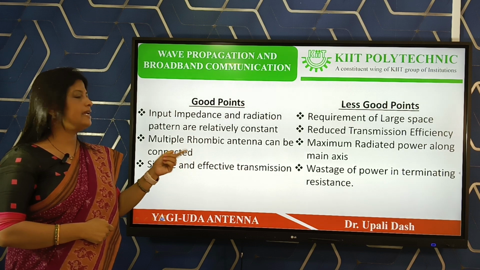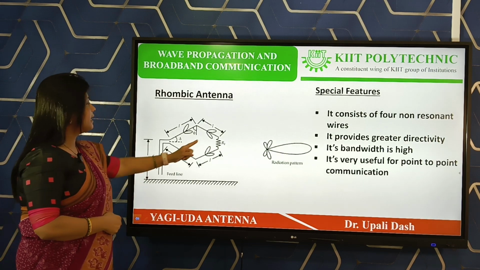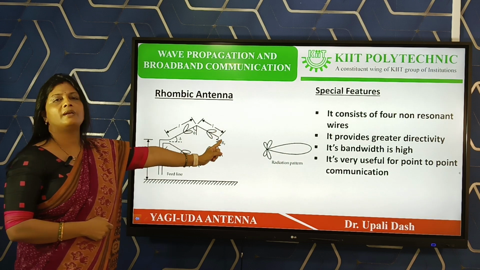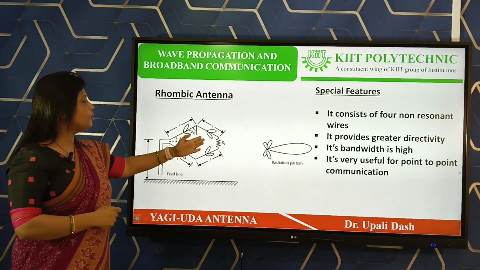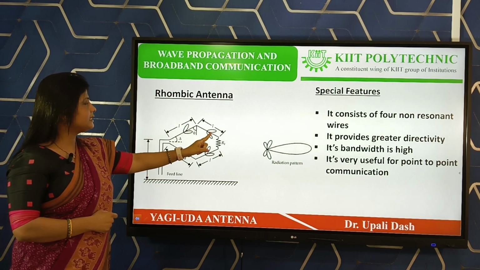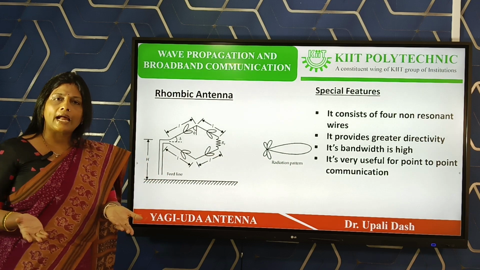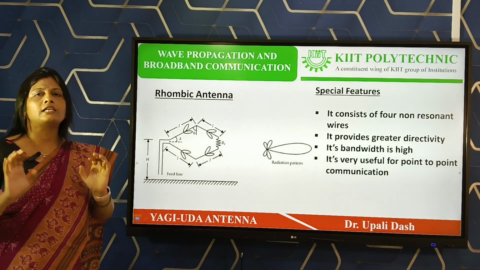Wastage of power in terminating resistance. As you can see in the diagram, there has to be a terminating resistance because, if there were no resistance, the signal which is going from the feeder to the space has to be absorbed by the terminating resistance. But due to that, maximum power is absorbed.